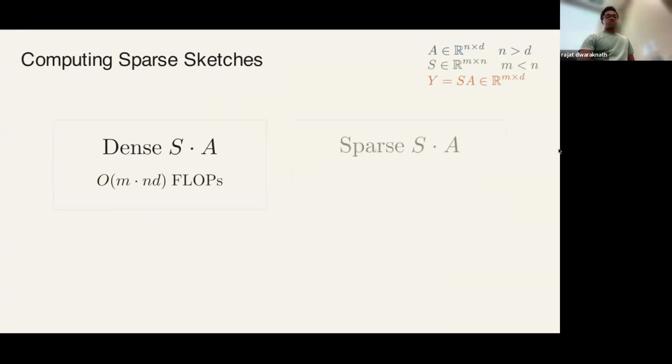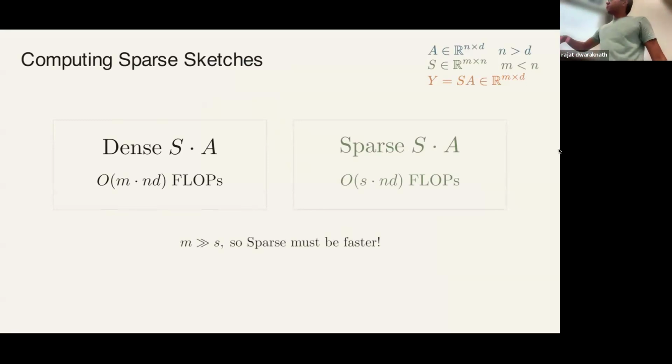But if you want to do sparse S times A, that would be s times N times D flops. Why? Because if a lot of my entries are 0, I don't need to do 0 times something to know that it's 0, right? So in my computer, I can skip those computations and do fewer flops. And of course, we're going to operate in the regime where our sketch dimension is very big, and we have very few non-zeros per column, right? So sparse must be faster, right?